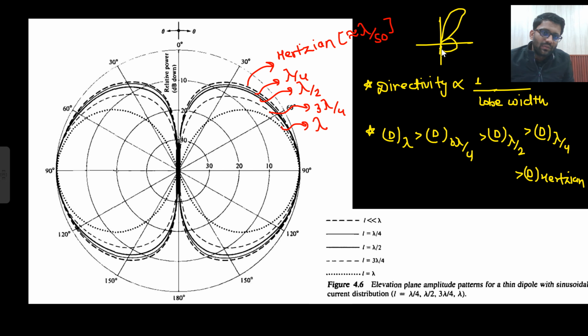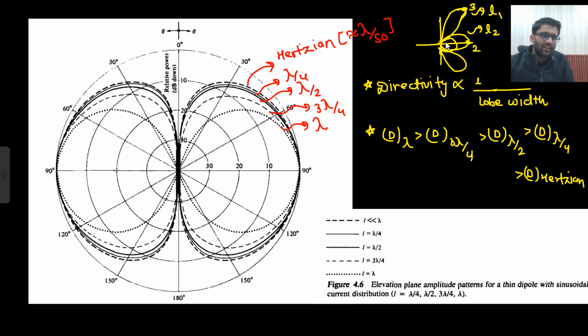This was the radiation pattern for a random length antenna that I don't know. This is the radiation pattern for the L1 length antenna, and this is the radiation pattern for the L2 length antenna. This magnitude is 3 and this magnitude is 2.